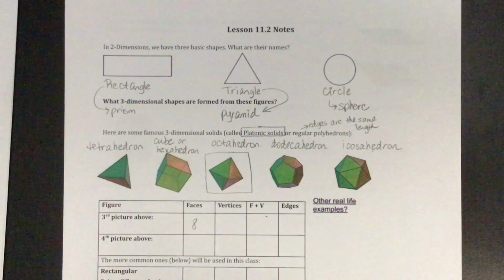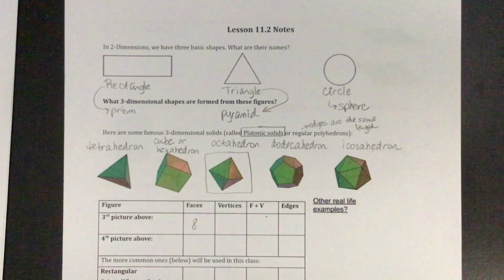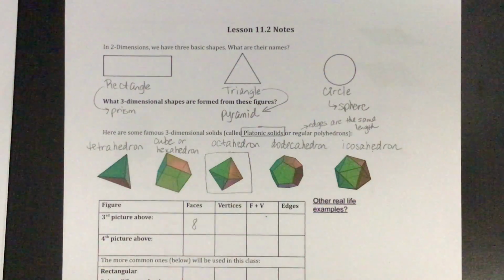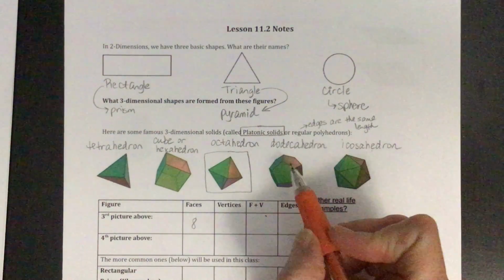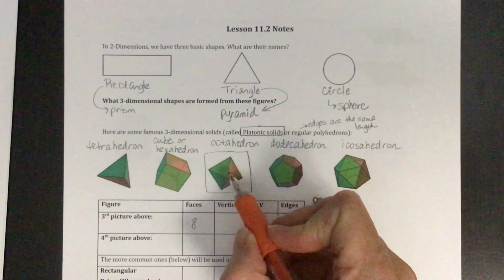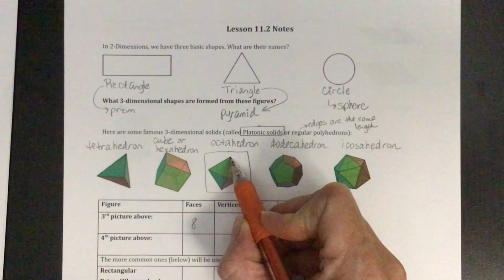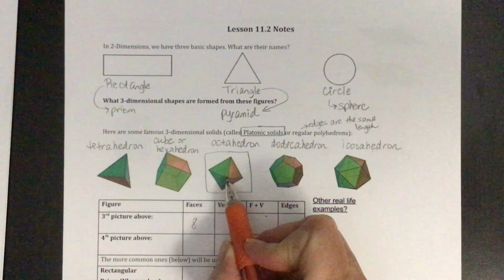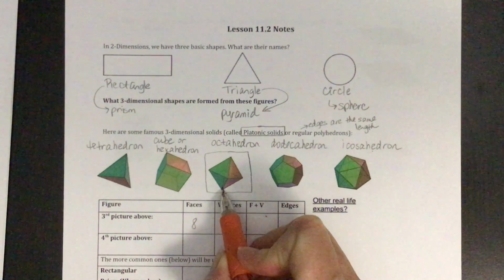Okay. Vertices. Vertices are like the corners. These are the points where 3 or more edges meet up. So if I start looking for those corners, or where the edges, which are these line segments, meet up, I've got a vertex up here. So there's 1, here's 2, 3, 4, here's 5, okay?